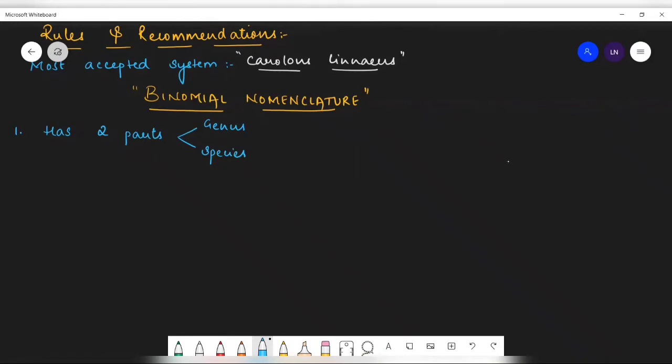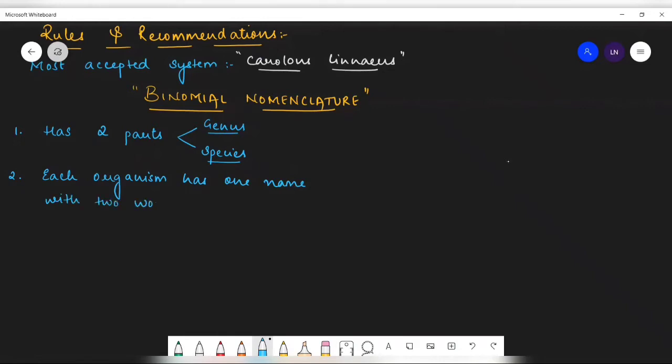The second thing is that each organism is given only one name with two words.